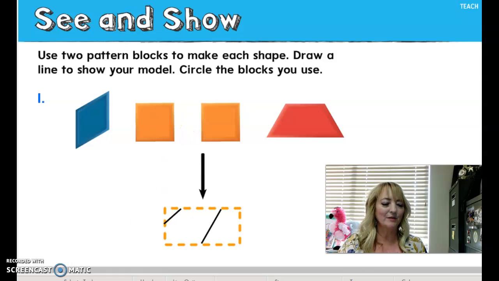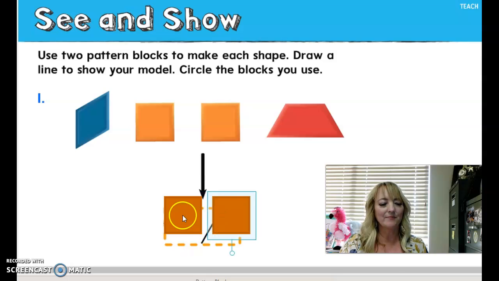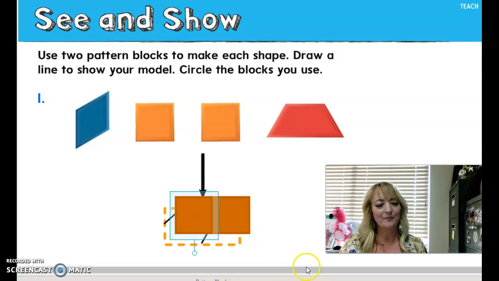Okay, what about using, see if I can get my eraser. Okay, what if we use 2 squares? Would that make the rectangle?